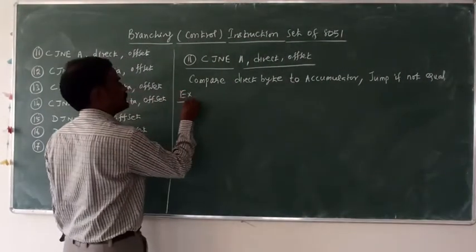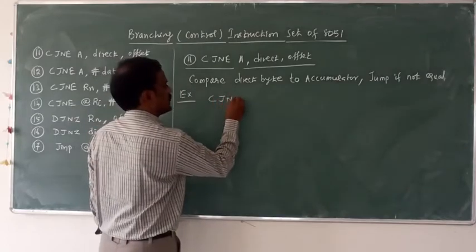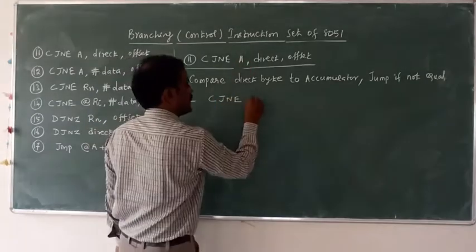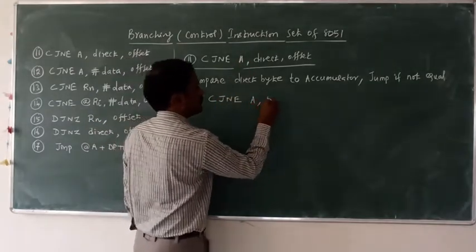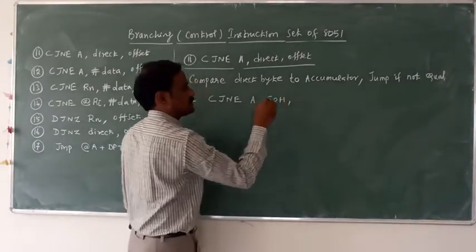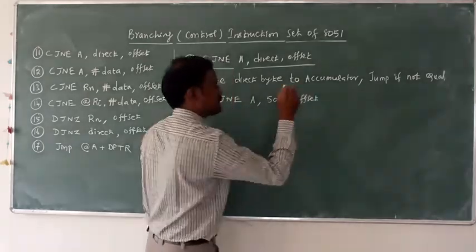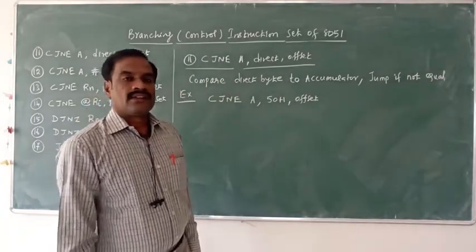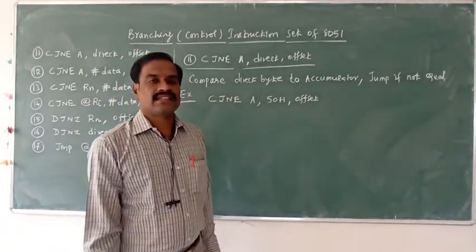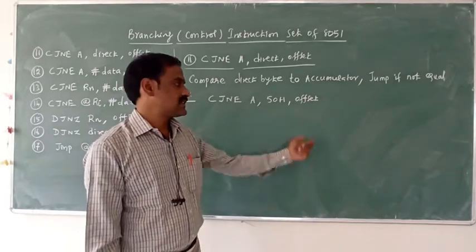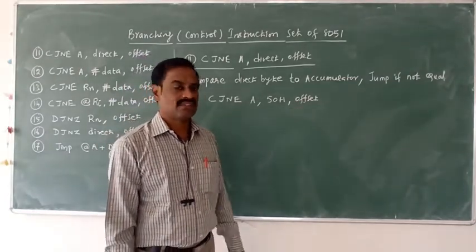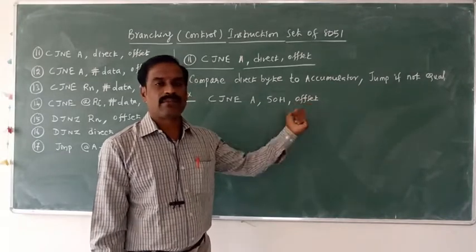Example, CJNE A, 50H, offset. Here the offset can be 256 memory address locations. That is, the address will be 8-bit. Jump to the given memory address location.